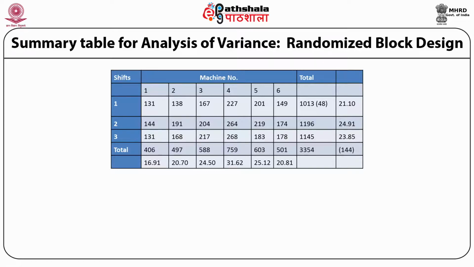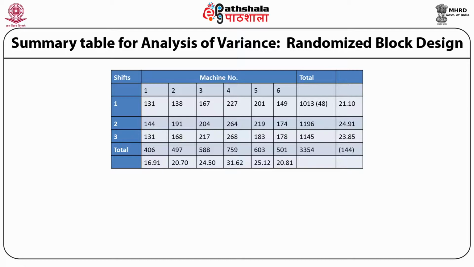On the columns 1, 2, 3, 4, 5, 6 there are 6 machines, and on the left hand side you can see the shifts, and this is the summary of the bottles of machine 1, which is 400.